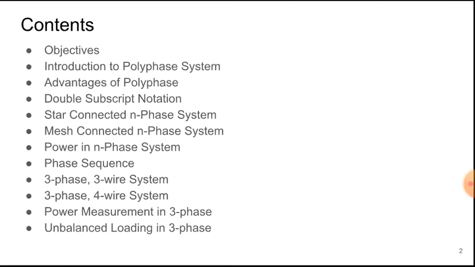And the concept of double subscript notation. And the two general types of connection of a polyphase system. The power of a polyphase system. The phase sequence. And the three-phase system: three-wire, four-wire, balanced, and unbalanced. Then we also discuss how to measure power in a three-phase system.